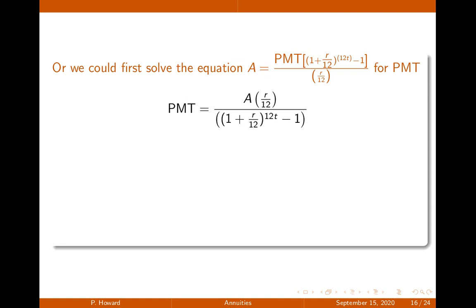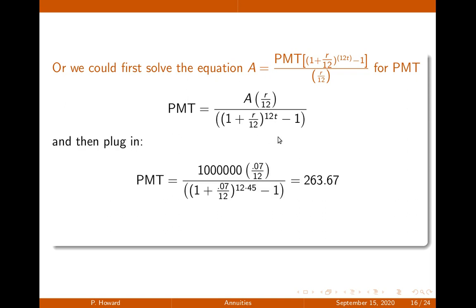And now if we have some numbers to enter to find PMT, we can simply enter them in the right-hand side of this equation. So in our example, the ending amount was supposed to be $1 million. r was 0.07, and t was 45.